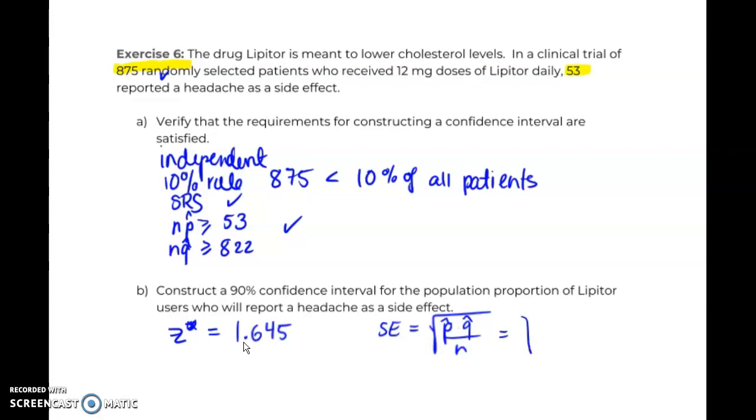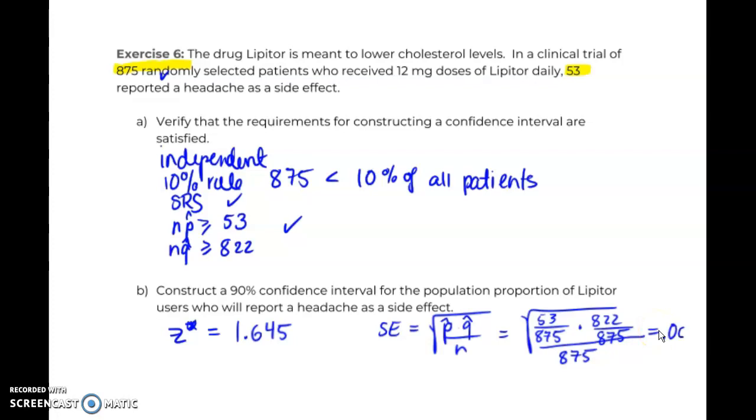Putting in our sample proportion of 53 out of 875, which leaves us with 822 out of 875 failures. So that's p hat times q hat divided by our sample size of 875.